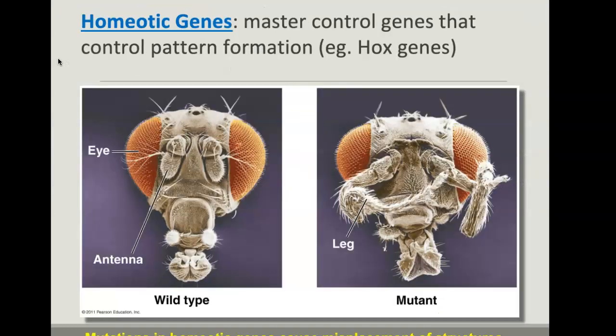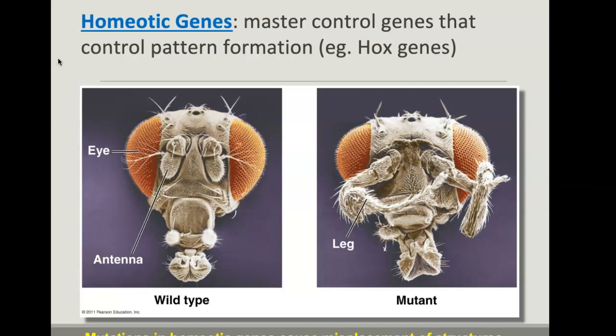Now that we understand a bit about Drosophila, which is a fruit fly, and how they develop from egg to adult, it's important to know what genes are responsible for pattern formation. Again, the body plan or the organization that the fruit fly body is going to have.